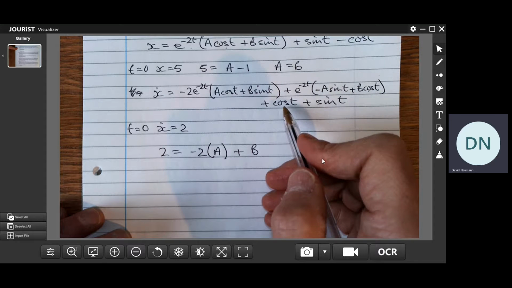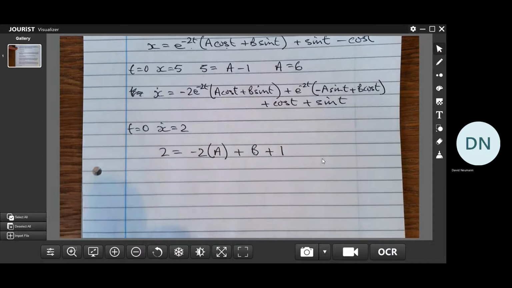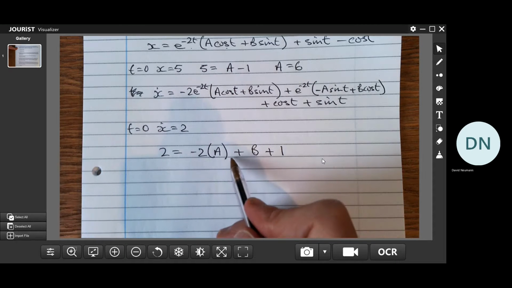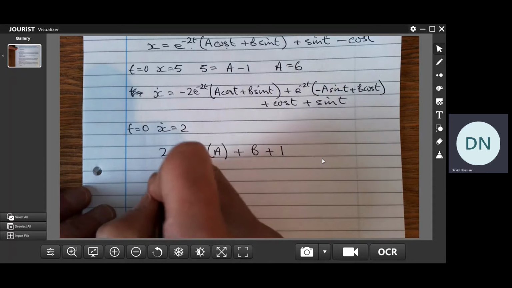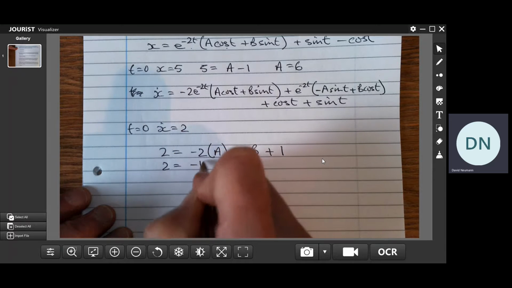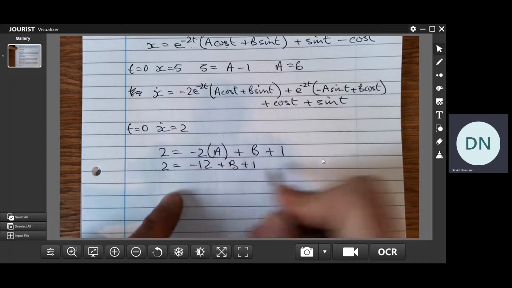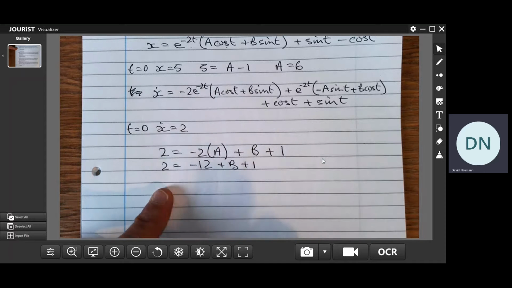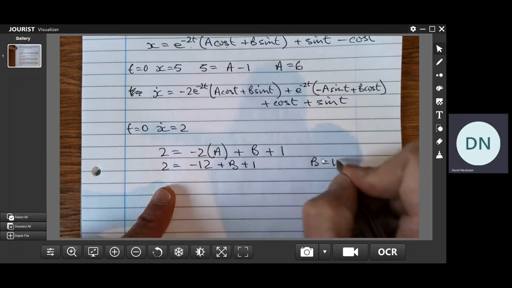Substitute in t equals 0, we get 1 there and 0 there, so plus 1. Now, what do we know? We know that a is 6, so this is 2 is equal to minus 12 plus b plus 1. Take away the 1, add the 12, and we get b is equal to 13.